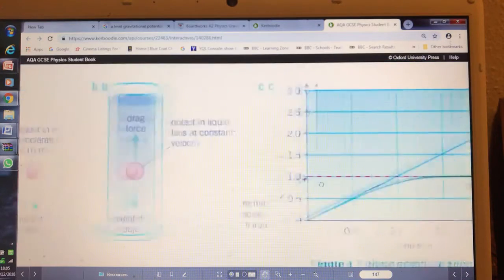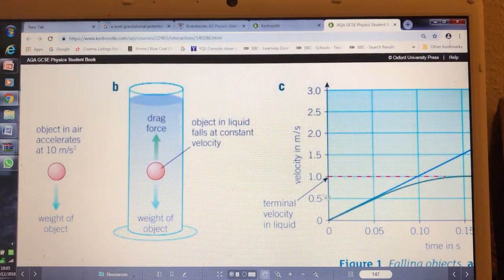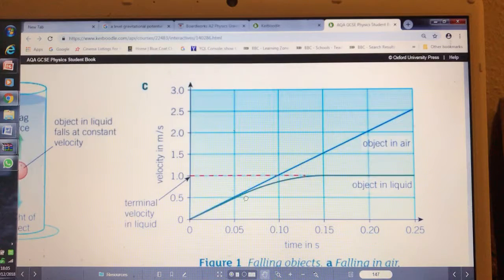That's purely because there's a resistive force acting upwards, and this is the reason why the graph is reaching terminal velocity a lot sooner compared to, for example, air, where this line here, the uniform acceleration, will have to go a lot further before it reaches a constant velocity.